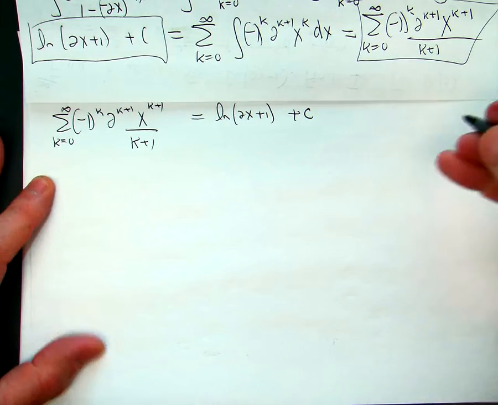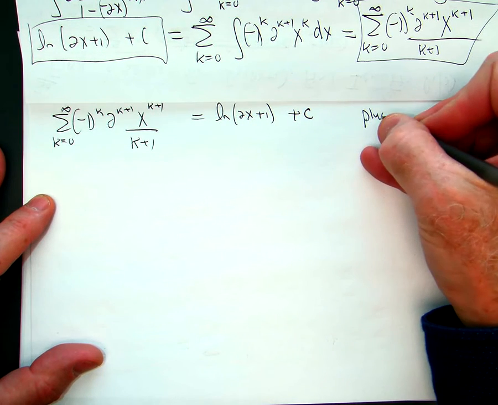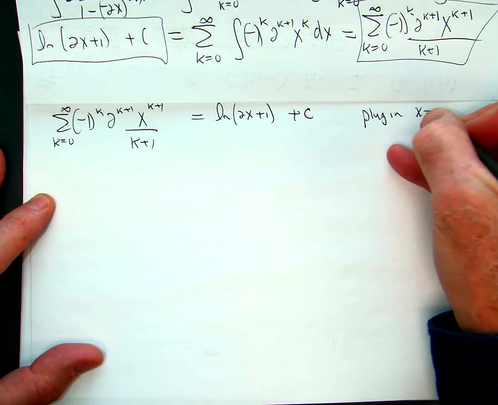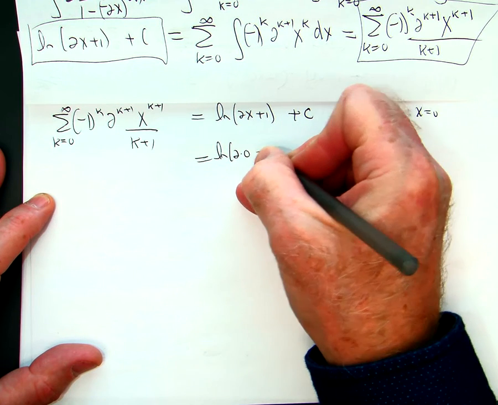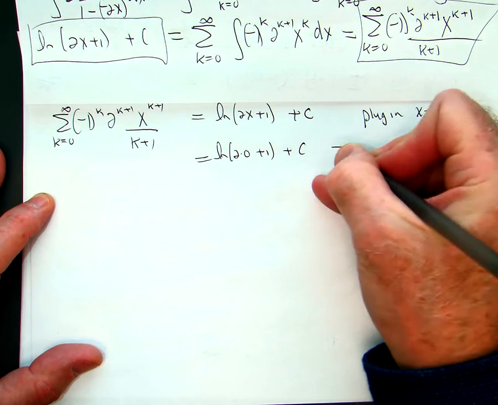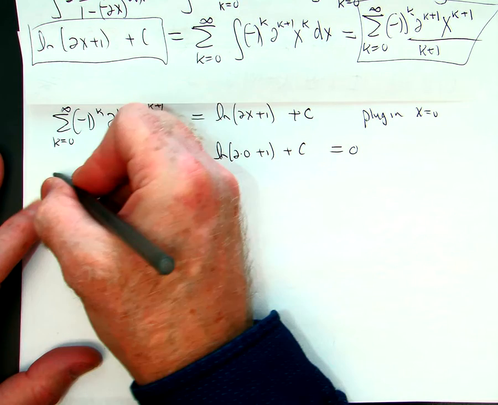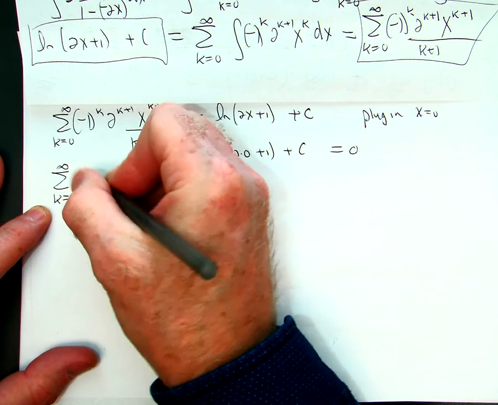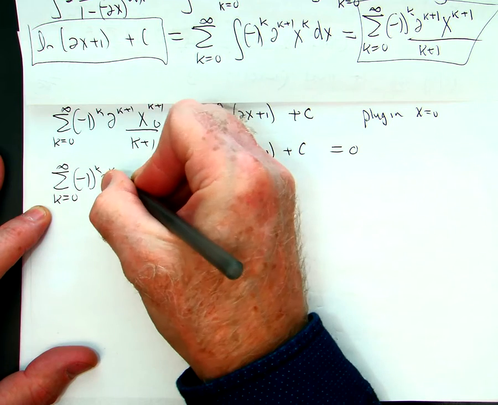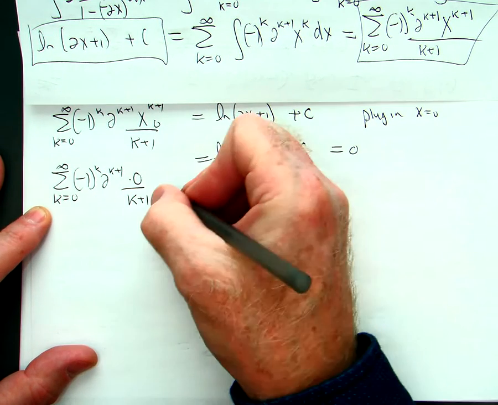Now to find out what the c is, I plug in 0 because I get over here, natural log of 2 times 0 plus 1 plus c equals 0. And then if I plug in 0 over here, I'm going to get the summation k equals 0 to infinity, minus 1 to the k, 2 to the k plus 1 times 0 over k plus 1, and that's equal to 0.